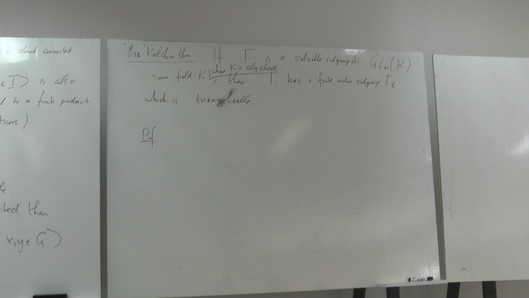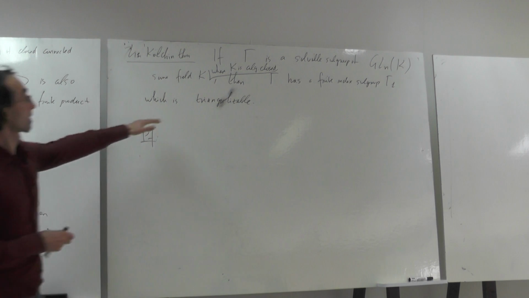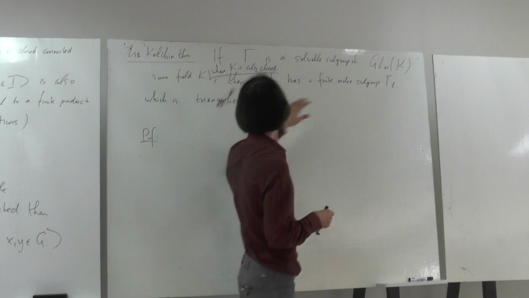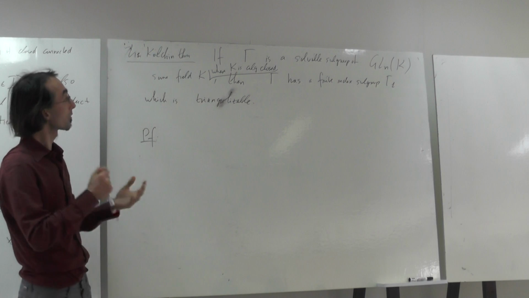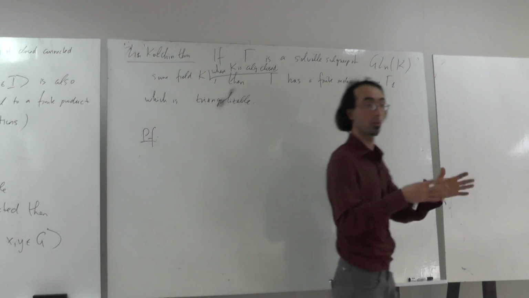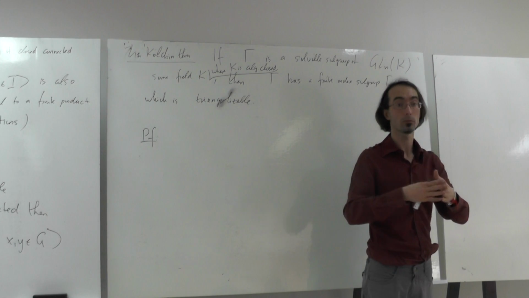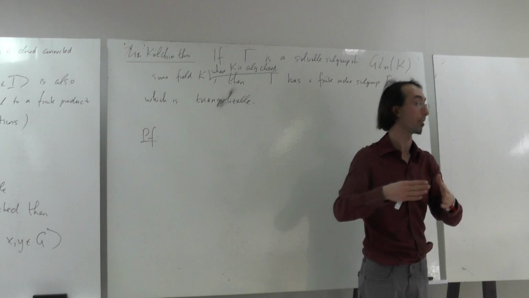If K is not algebraically closed, then passing to the algebraic closure, you can triangulate gamma_1 over the algebraic closure, but even without going to the algebraic closure, you know that this gamma_1 is solvable of length bounded by n.